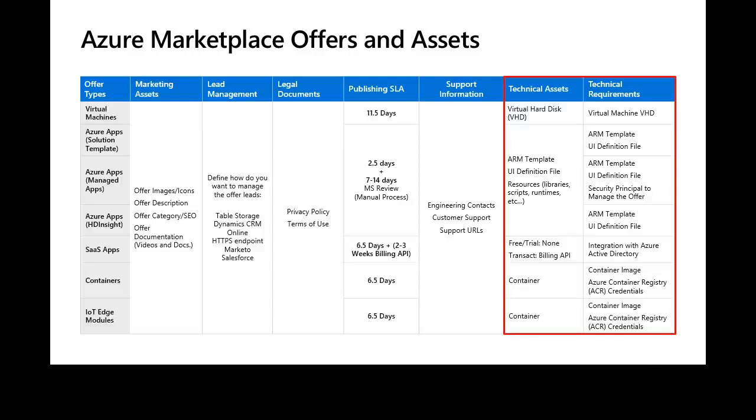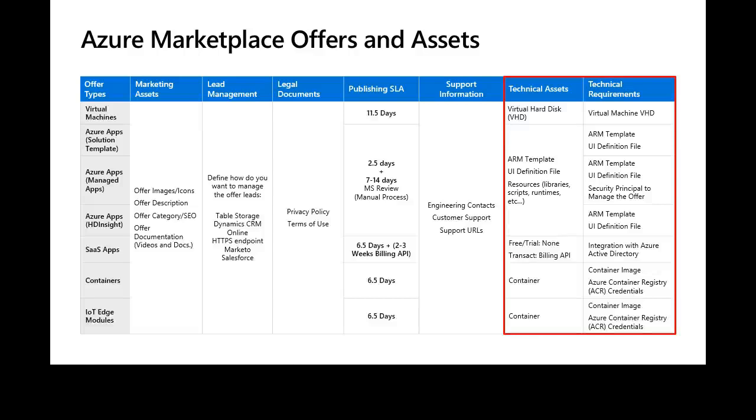Okay, so for the virtual machine offer type, basically the requirement is going to be a VHD. For the solution templates, you're going to need to deploy an ARM template. ARM stands for Azure Resource Manager, and if you're familiar with AWS, it's basically CloudFormation.